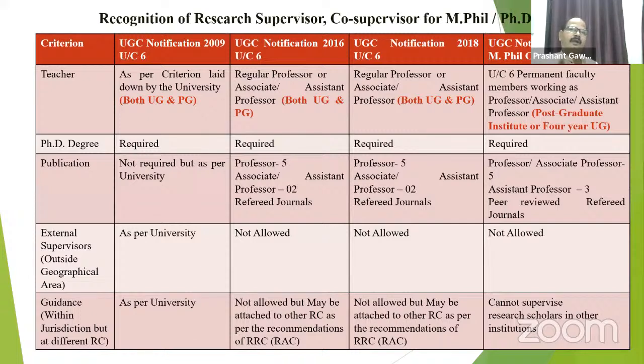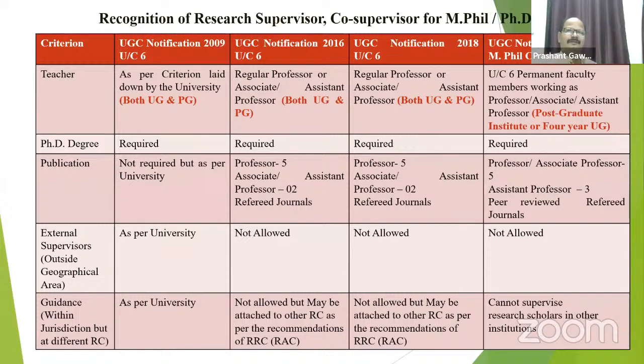You know, earlier the probation period was 2 years. Later on that was reduced to a 1-year probation period. That's why, during the 6th Pay Commission, the probation period was reduced to 1 year.